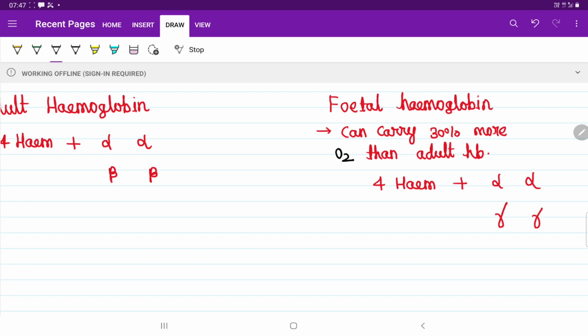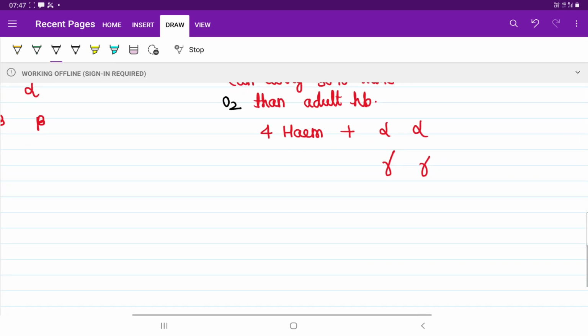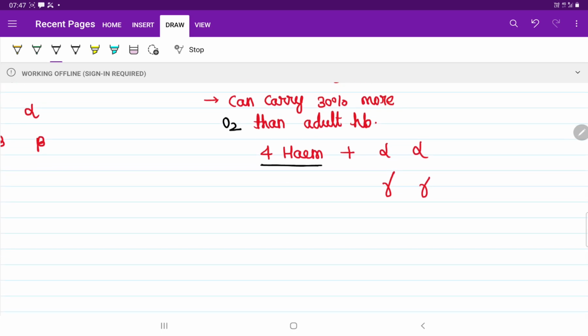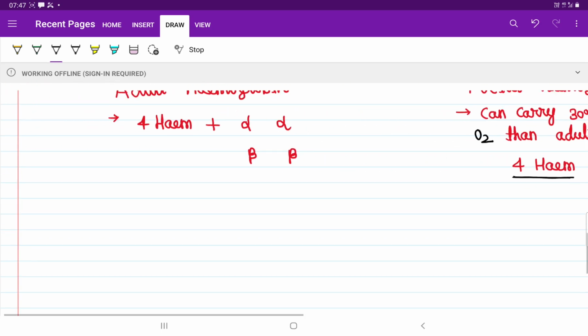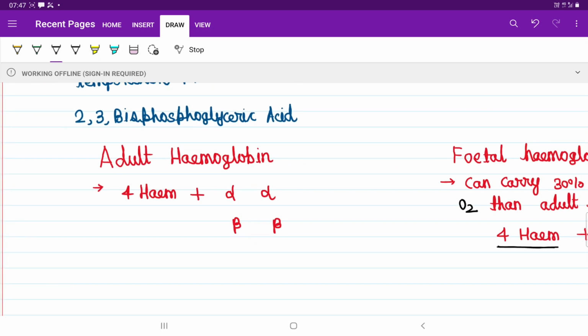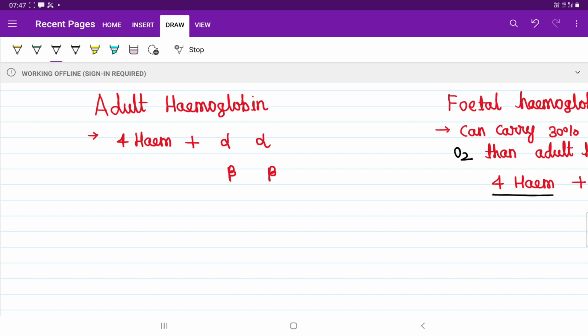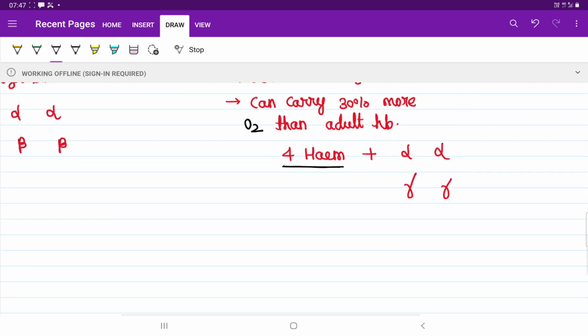What is the reason? For fetal hemoglobin, one hemoglobin molecule has 4 heme, and alpha 2 gamma 2 polypeptide chains. Compare with adult hemoglobin: adult hemoglobin has 4 heme and 2 alpha and 2 beta polypeptide chains, but here you see 2 alpha and 2 gamma polypeptide chains.